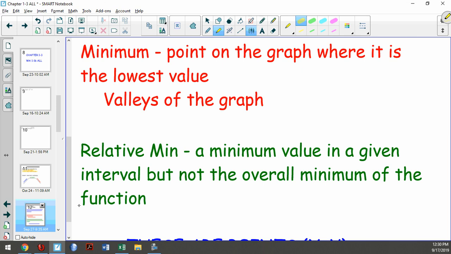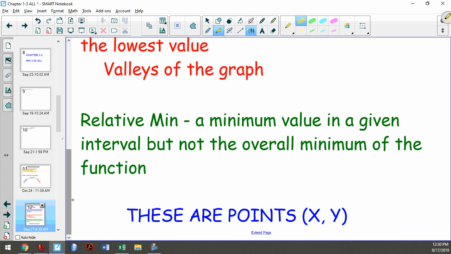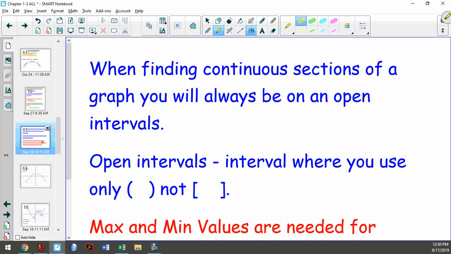Any questions on relative mins and relative max versus regular max and mins? Okay. Now, you have to have points, and that is something I want you to understand. These are points. When you are doing increase, decreasing, and constant, you're always doing it on the x values. But the problem is they look like ordered pairs rather than intervals. But they are intervals for the simple fact that you are always doing it on an open interval.